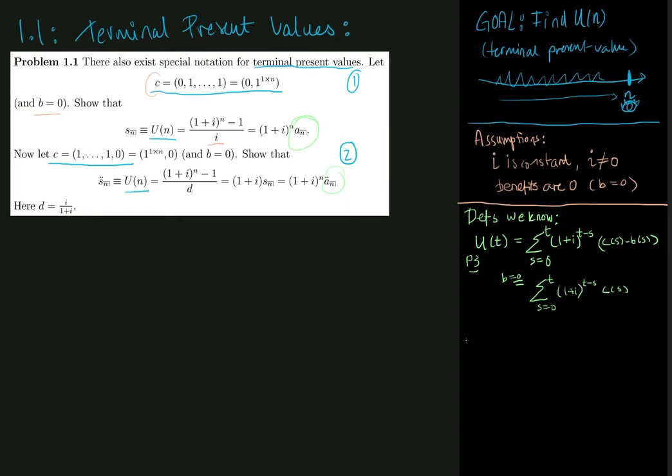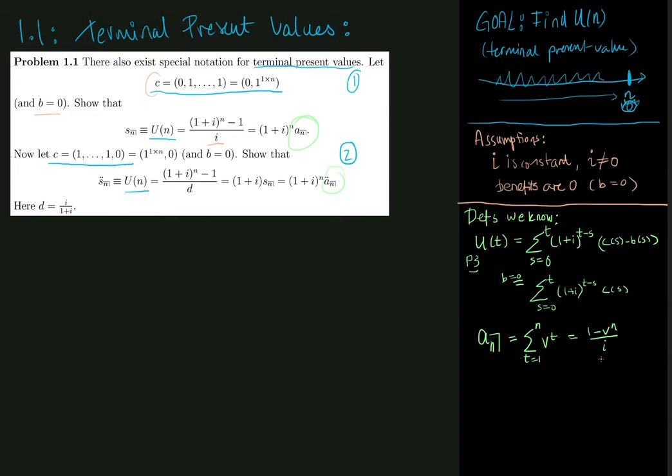The present value of an annuity in arrear, a angle n, is equal to the sum of discount factors v to the power t, for t going from 1 up to n. And this is equal to 1 minus v to the n divided by i, where i is the interest rate.